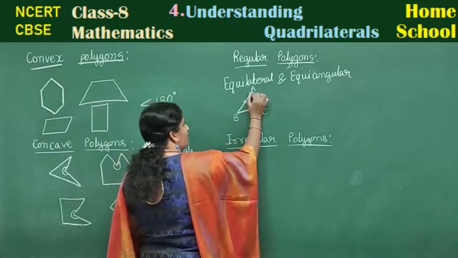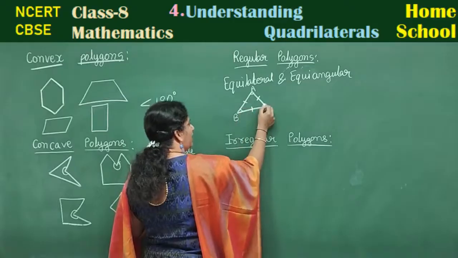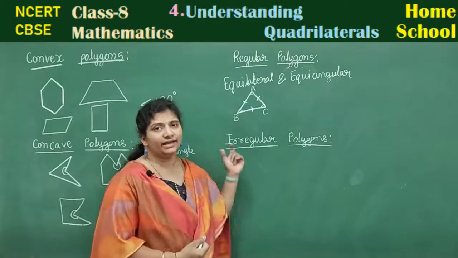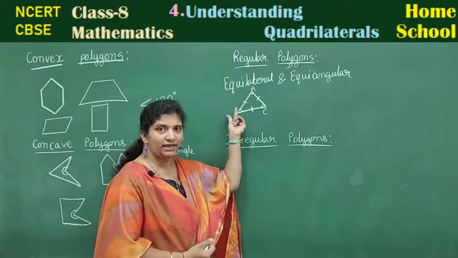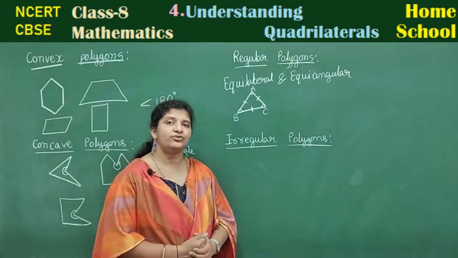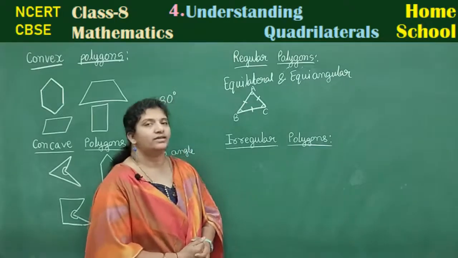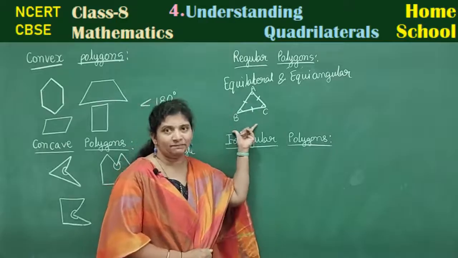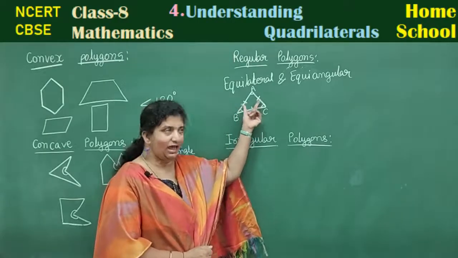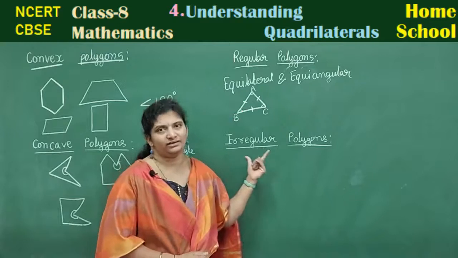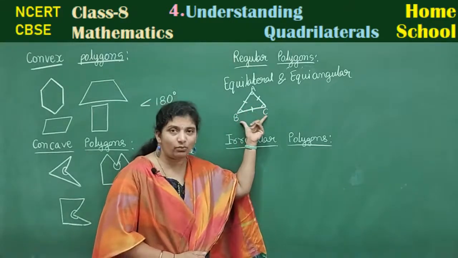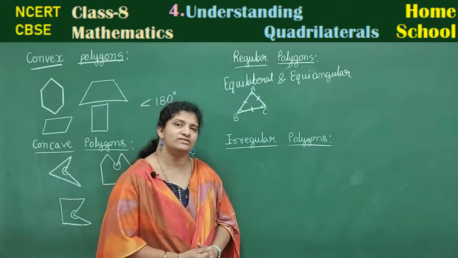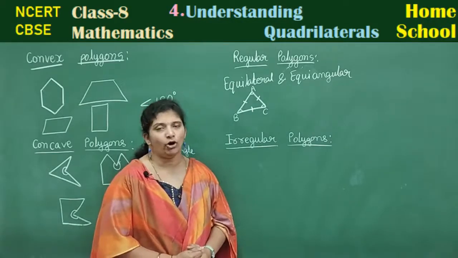Equiangular: look here, angle A, angle B, angle C. The small tiny curve you can see here indicates angle A equals angle B equals angle C. All three angles are equal. Then I can say that this polygon is equilateral and equiangular. So those types of polygons are called regular polygons.